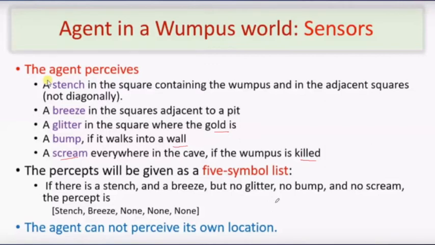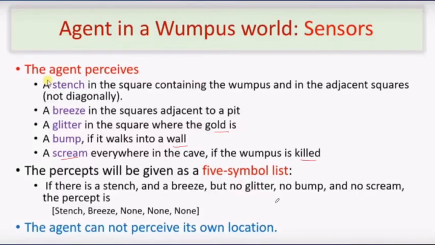Now by taking these in mind, let's go to the environment and let's see what actions the agent will take based on the knowledge base, based on the input, what decision it will take, so that the agent will not get killed and the agent will take the gold.